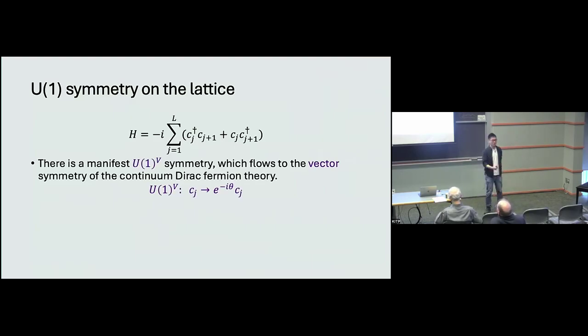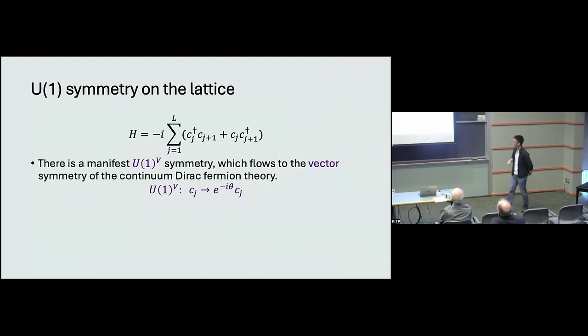In the continuum, the two-component Dirac fermions live at the same space-time point. So you can rotate them vectorially or axially, it doesn't matter. But on the lattice, because we sprinkle them on the even versus the odd site, that will make one of the two U1s obscure.